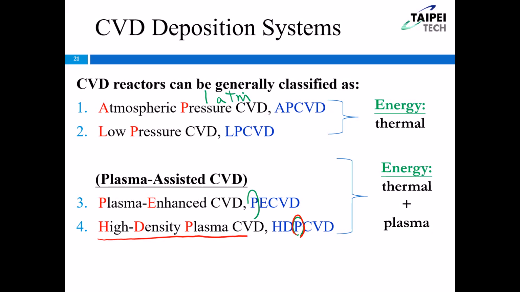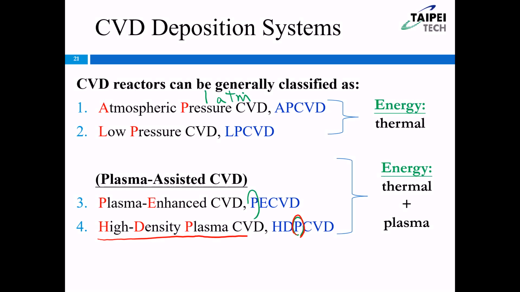It means we not only have the thermal energy, but also the plasma energy. And for the HDPCVD, this P also means plasma. So for number 3 and number 4, we have both thermal energy and plasma to provide the energy, so we have two sources for the energy. One is thermal and the other one is plasma.